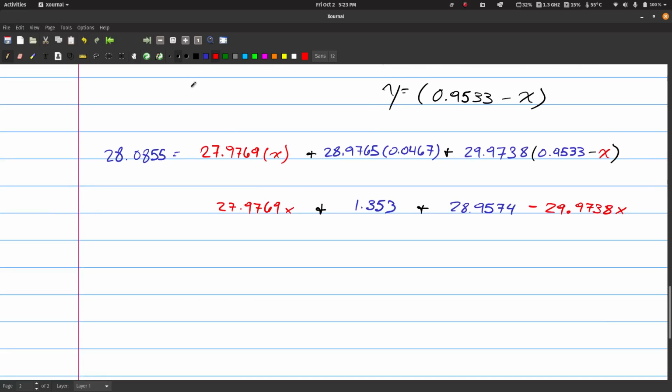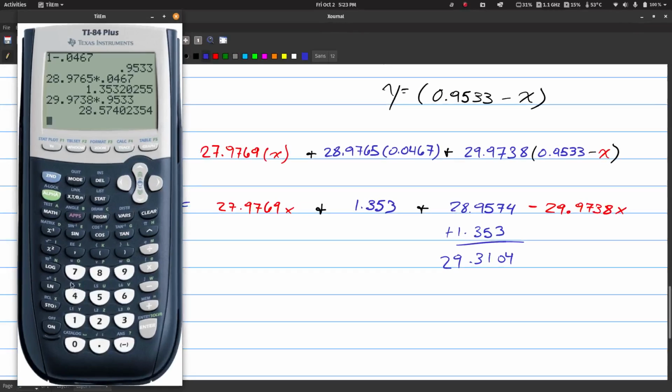Alright, so we're going to combine like terms. Adding this together, it's a pain to use that calculator, and that's probably wrong.